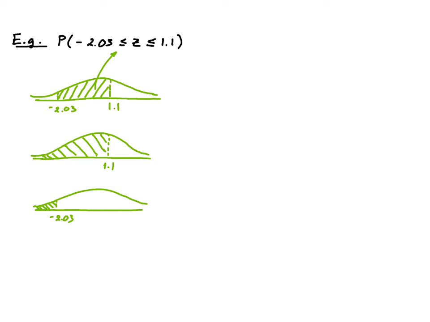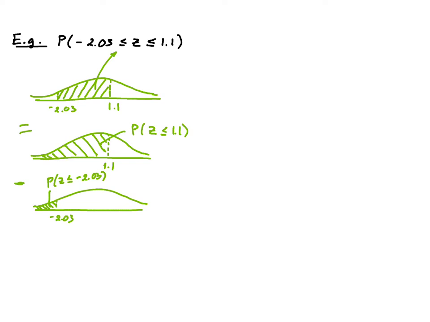So that tells us that the area between negative 2.03 and 1.1 is going to be equal to the area to the left of 1.1, which is just the probability that z is less than or equal to 1.1, minus the area to the left of negative 2.03, which is just the probability that z is less than or equal to negative 2.03.